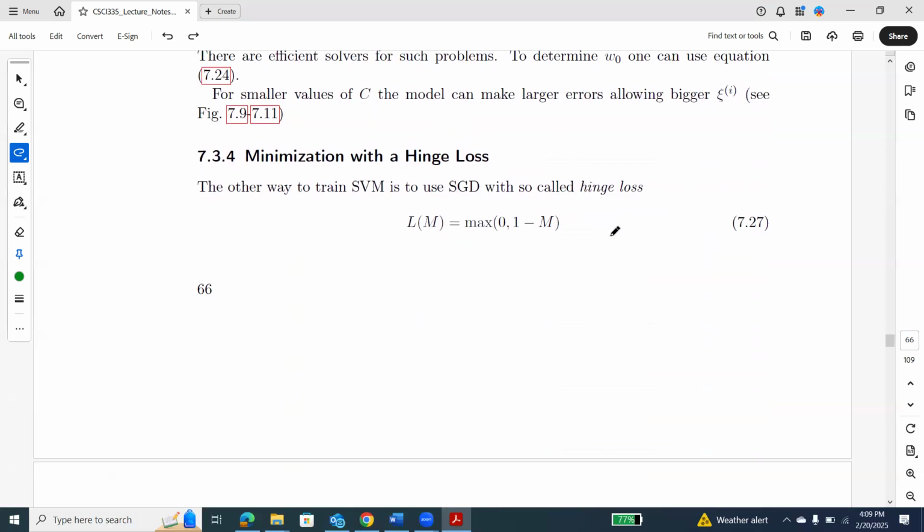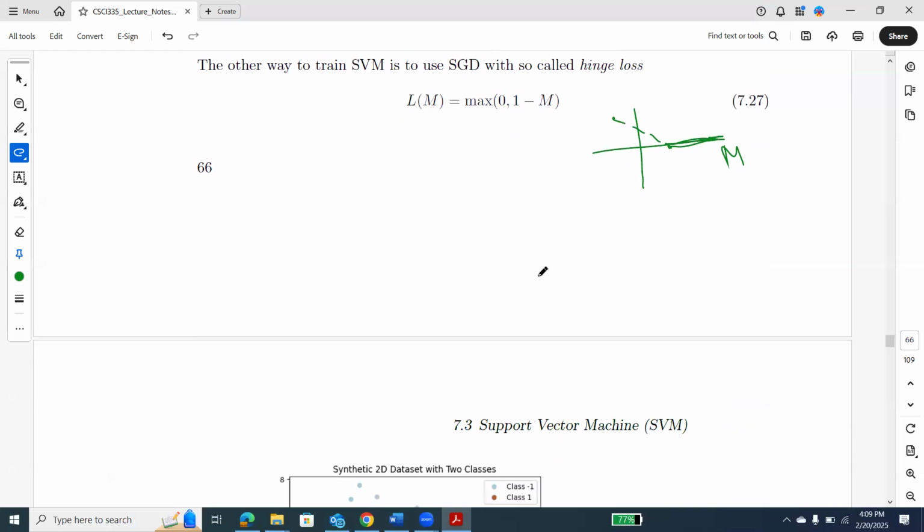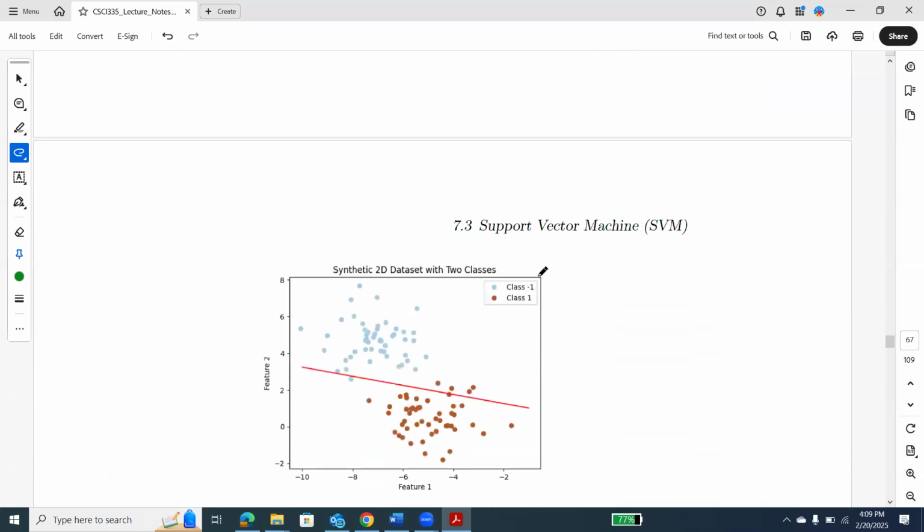So hinge loss is a function. So if this is a margin, then 1 minus margin goes like this. And for negative values, we just clip this by 0. So how is it related to our loss function?